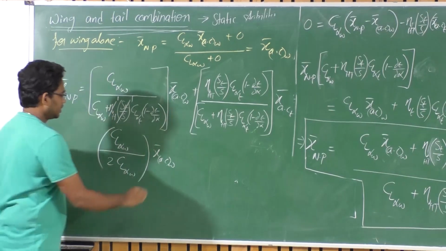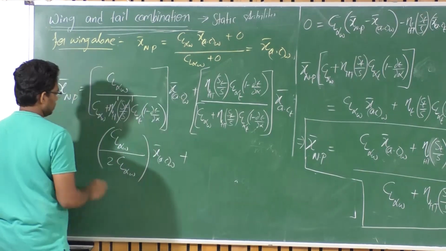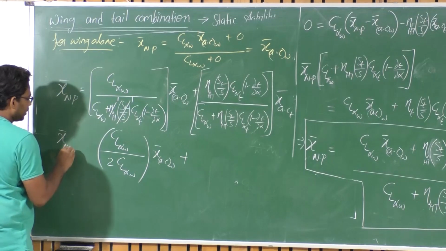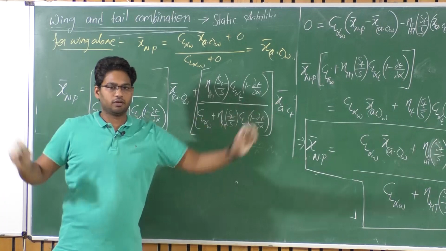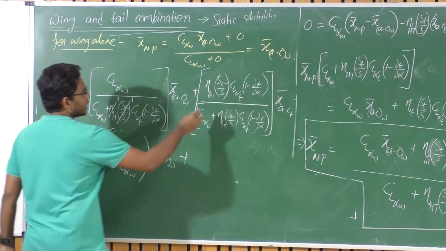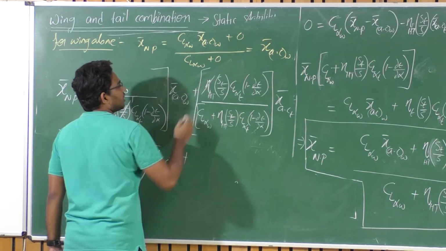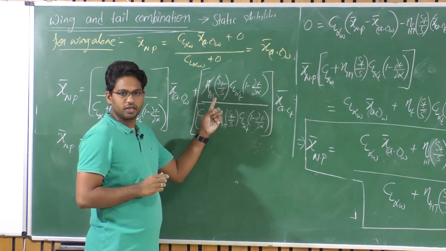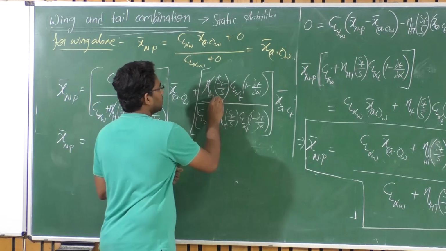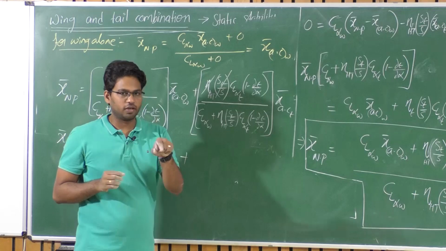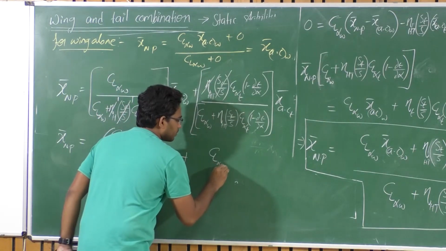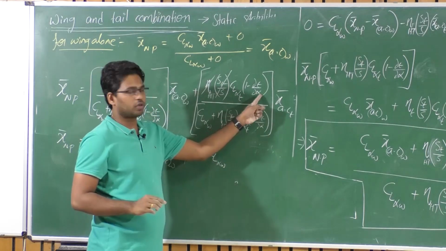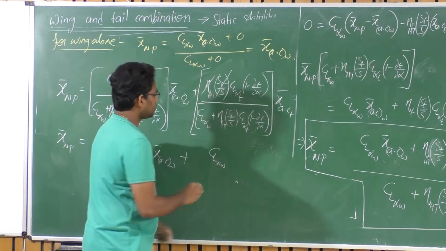Okay. Similarly, plus, so this is the x neutral point in the case where you have two identical wings as a wing and tail combination. Here eta of tail is 1, because there is no downwash. So St upon S is again 1. CL alpha of tail is nothing but CL alpha of wing. Am I correct? Downwash is 0, so epsilon is 0.